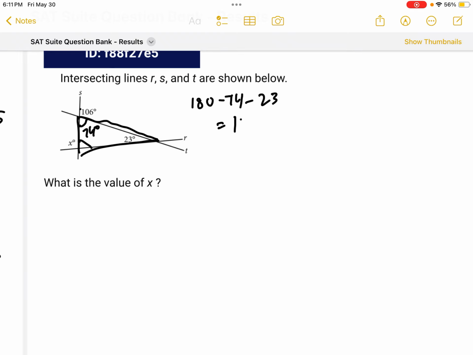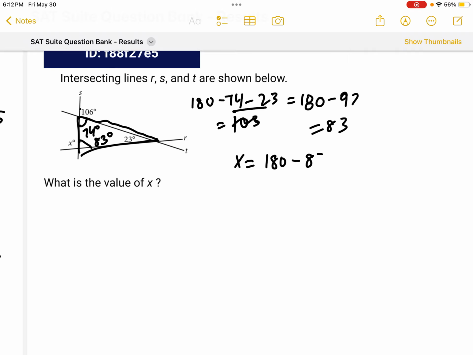That'll be 83 degrees, right? So X is just 180 minus 83 degrees. It's 97 degrees. So our X value is just 97.